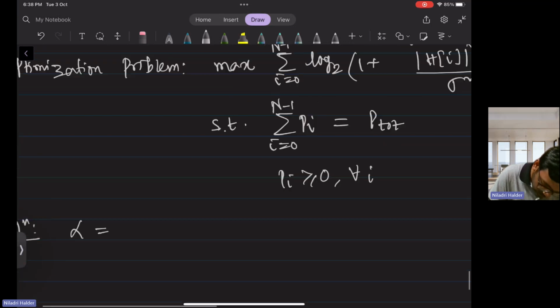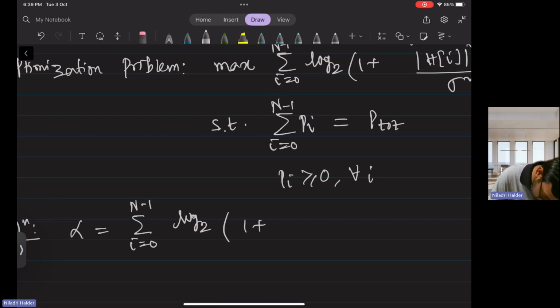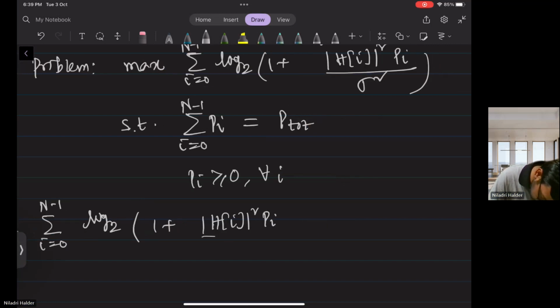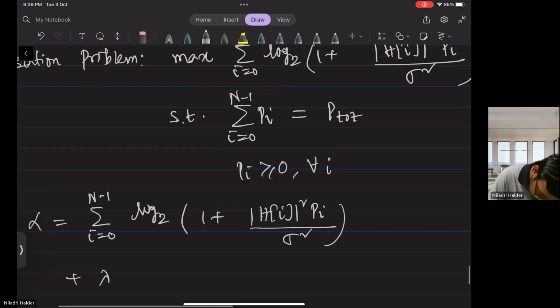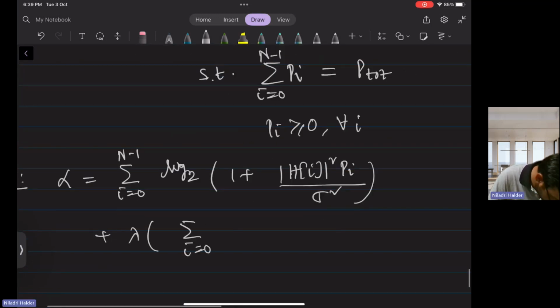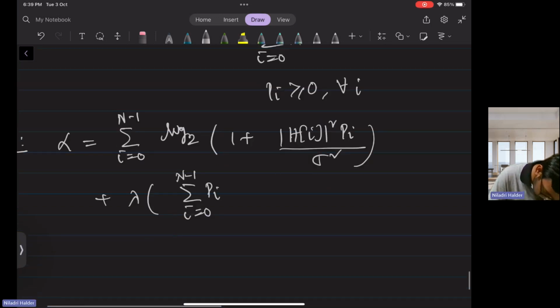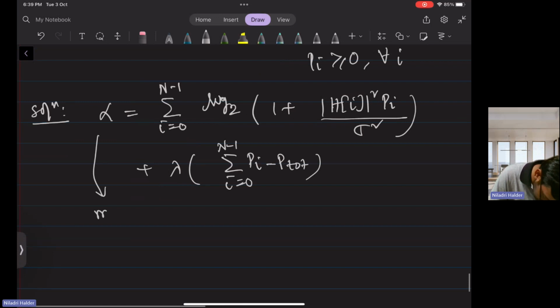The Lagrangian L is equal to the objective function, the summation of i equal to 0 to N minus 1 of log2 of 1 plus mod hi square Pi by sigma square, plus lambda times the summation of Pi from 0 to N minus 1 minus P total. Now we need to find out the maximum of this.